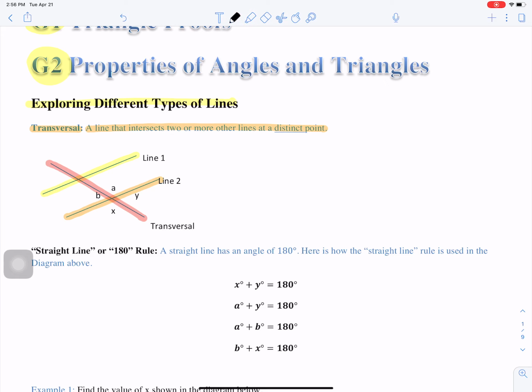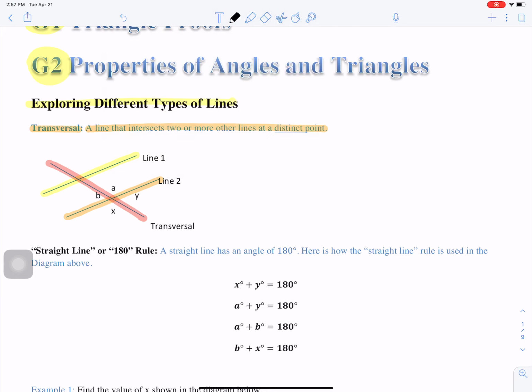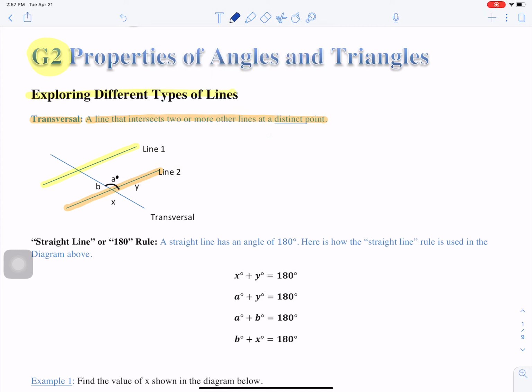Okay? So now I'm going to focus on naming some angles. The angle from here to here, I'm going to call that angle A. From here to here, we're going to call that A degrees. From line 2 to the transversal, we're going to call that angle Y degrees.